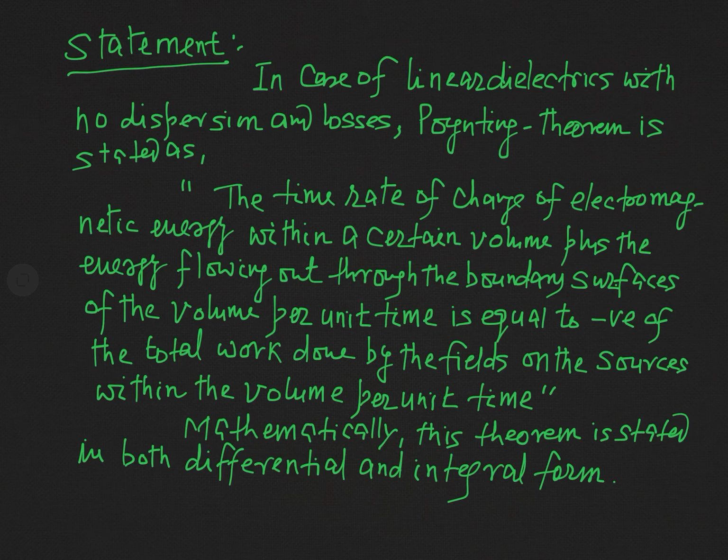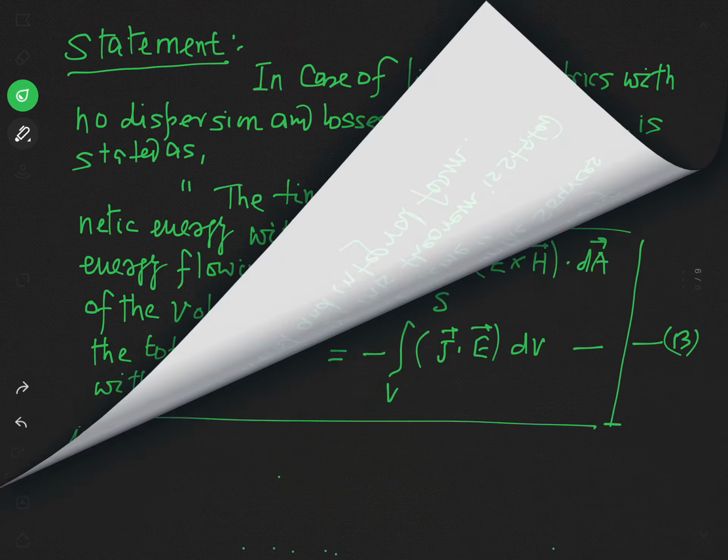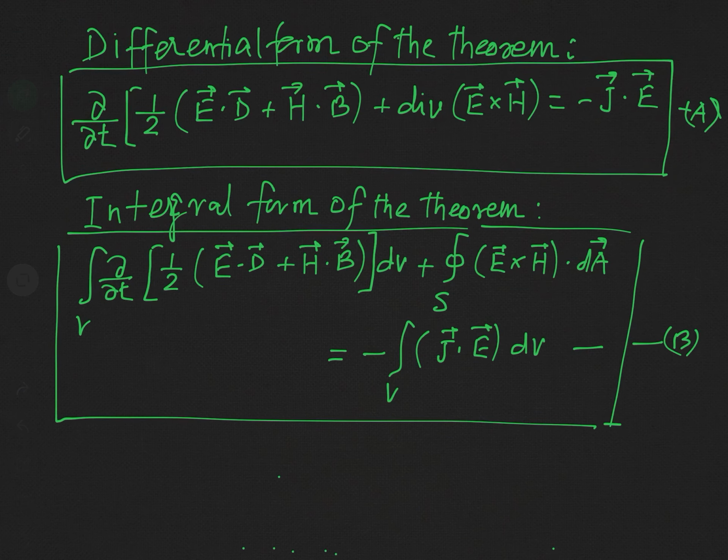I would like to explain this statement after the derivation, because when we derive the mathematical form, it will be much easier to explain this statement. So let us leave it just as a statement, and explanation will come after the deduction of the Poynting theorem. I have also mentioned here its mathematical form directly, but in this lecture I would like to derive this statement.